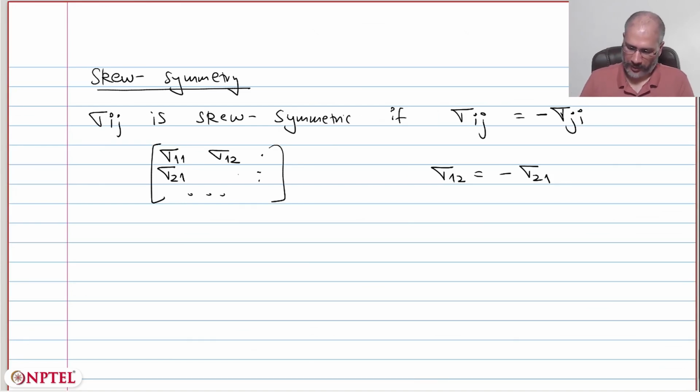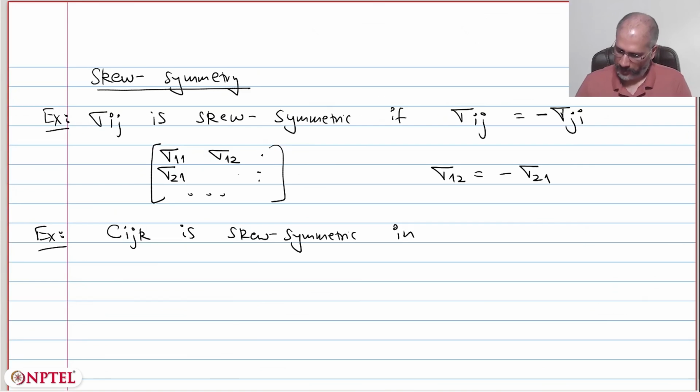Let's talk about higher order tensors. So we say Cijk is skew symmetric in, now we have to specify the indices, i and j if Cijk is equal to minus Cjik.